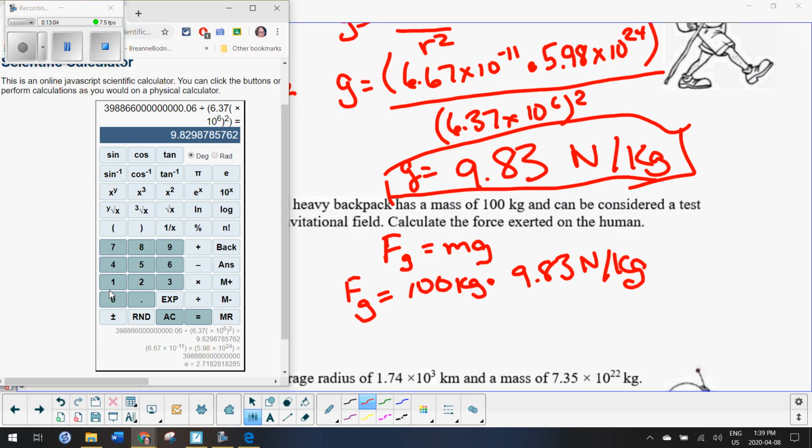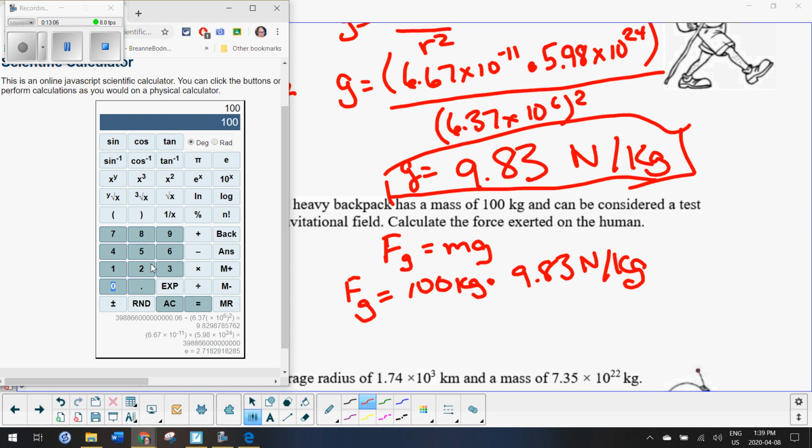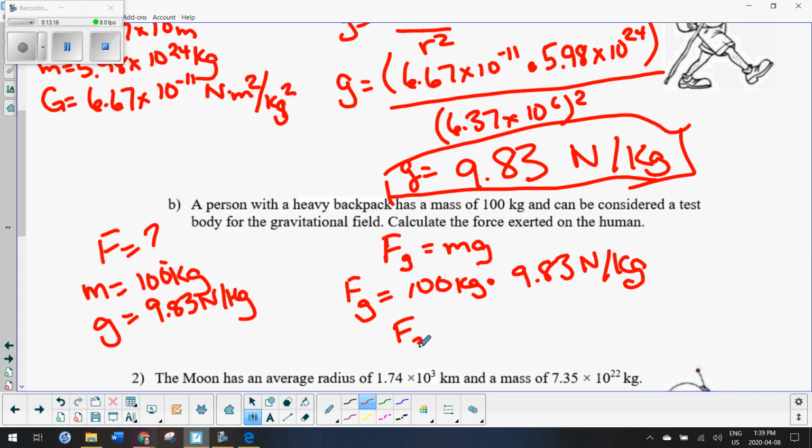So we have 100 times 9.83 equals 983. So my force of gravity is 983. Now kilograms is gone, because there's one on the top and one on the bottom. You're left with newtons.